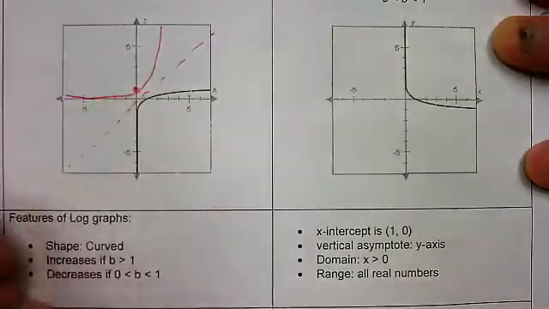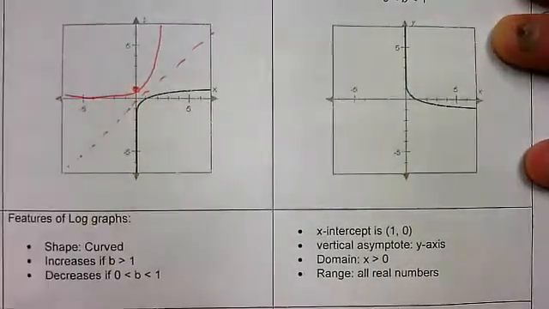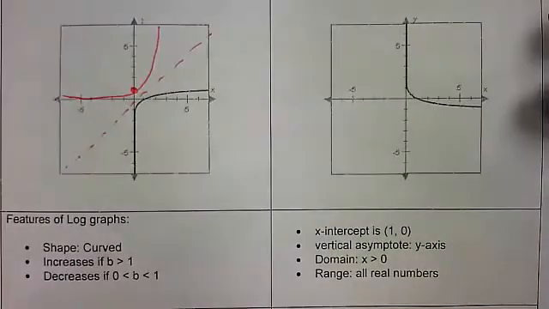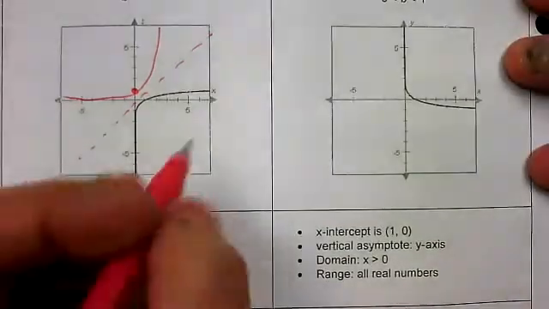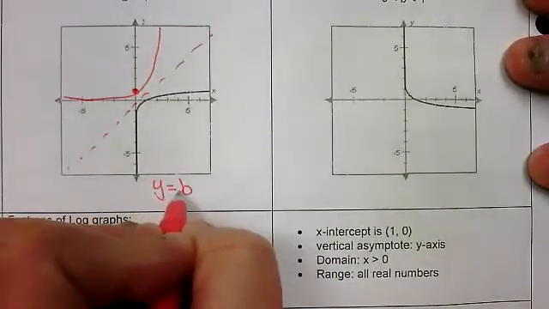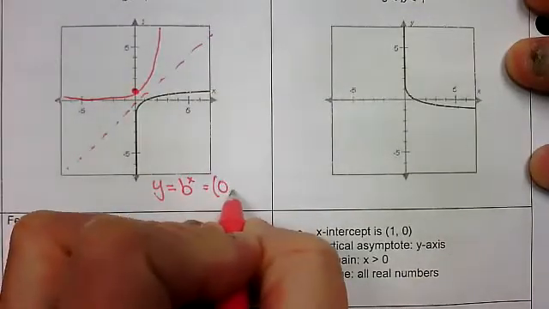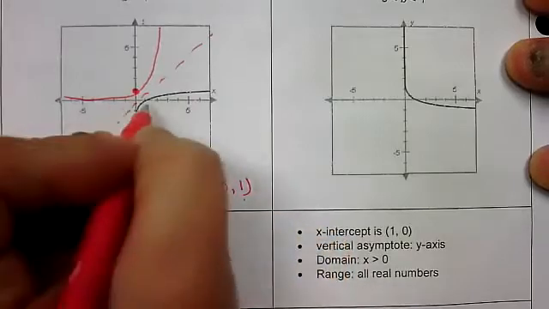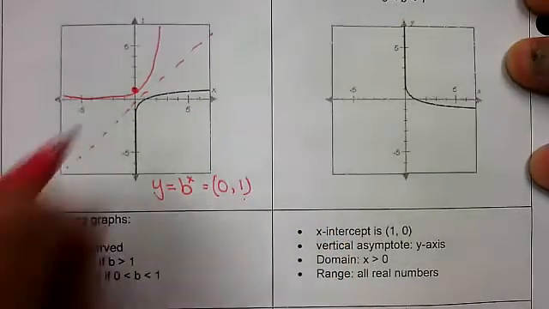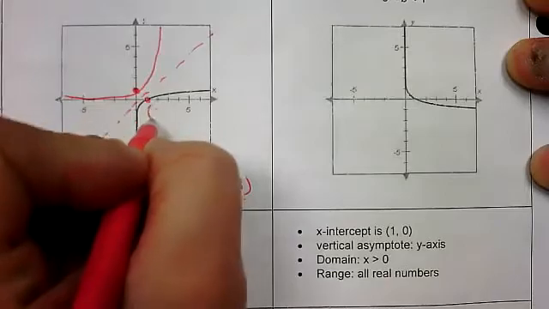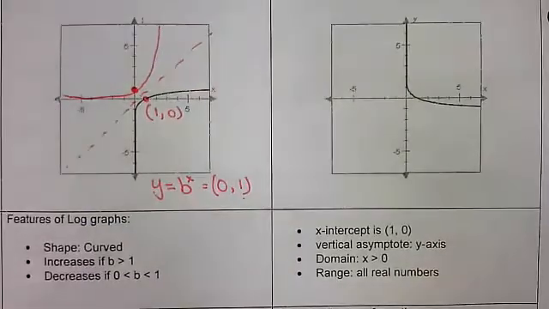And remember that these always go through a point. Your parent function exponential, y equals b to the x, always goes through the point 0, 1. So a log function is always going to go through the point 1, 0.